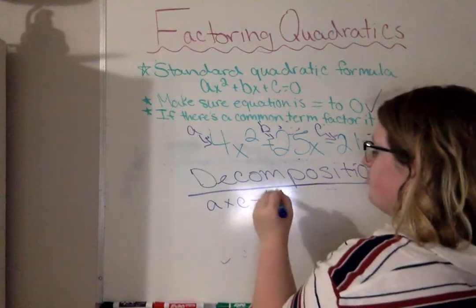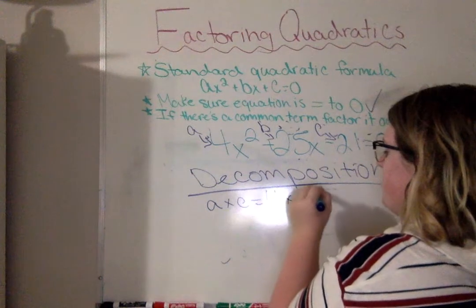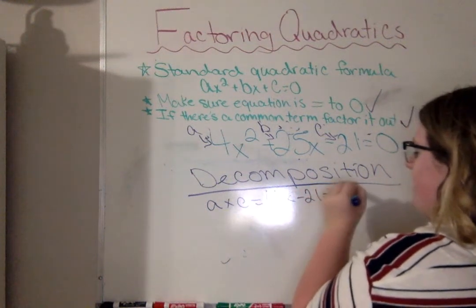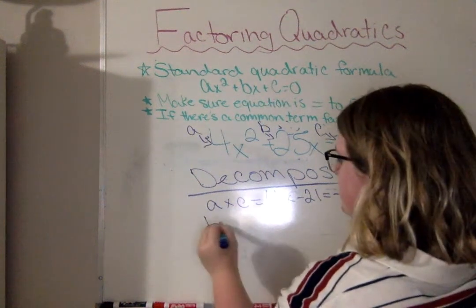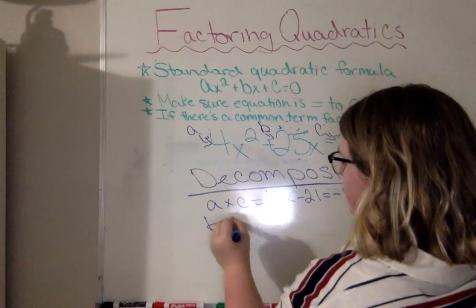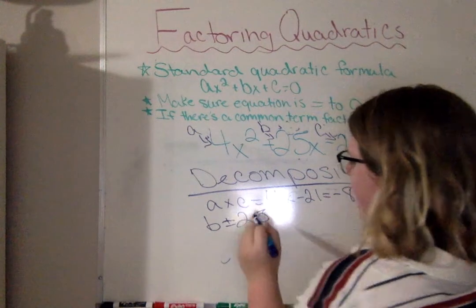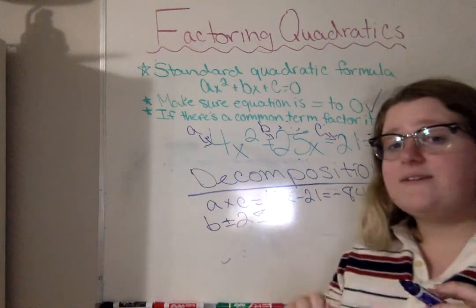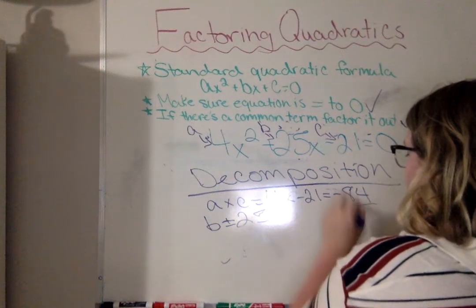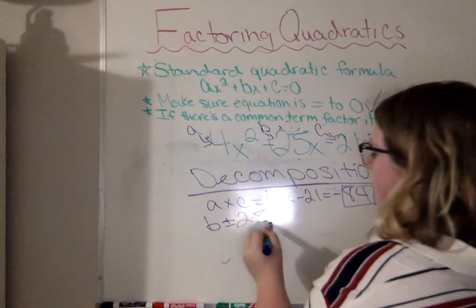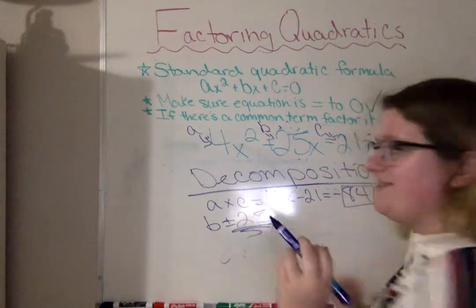So we're going to do 4 times negative 21 and get negative 84. Then we need to know that our B term is positive 25. So we need to find a factor of 84 that sums to 25.